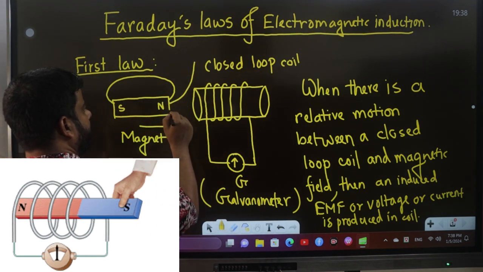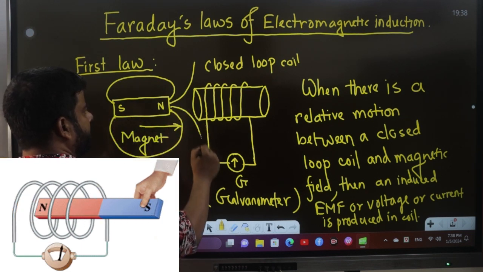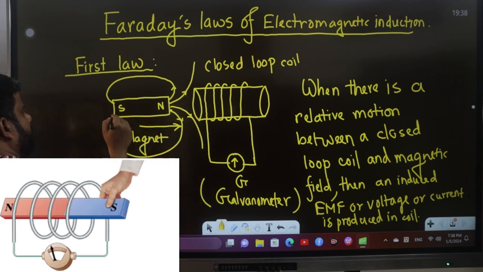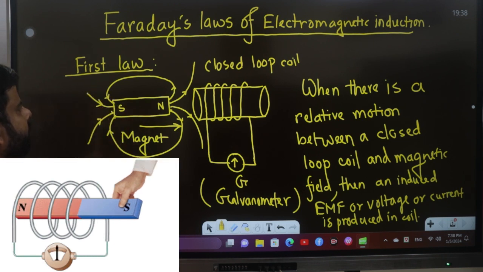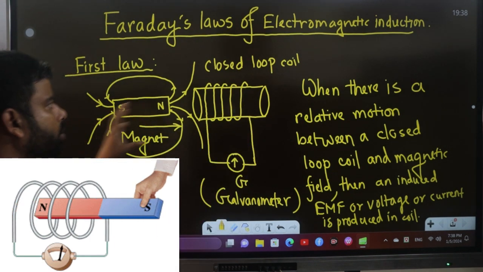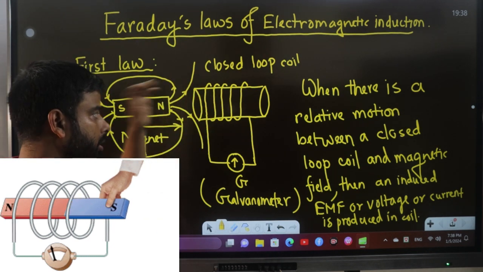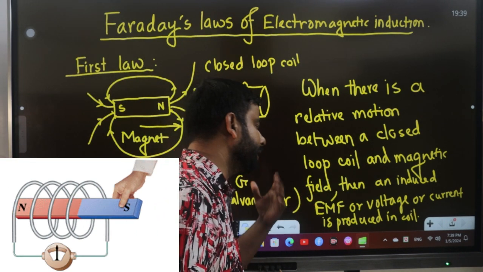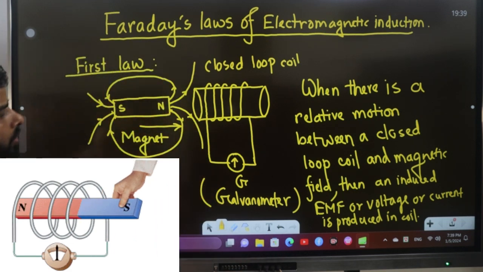So this one is the magnetic line of force, direction north to south. When we move this magnet into the closed loop coil, the magnetic lines of force cut the wire of the coil, then an induced EMF or voltage is produced, and that's why current is produced. Now the second law.